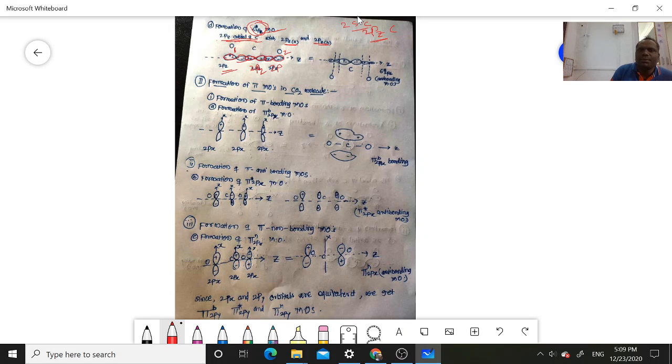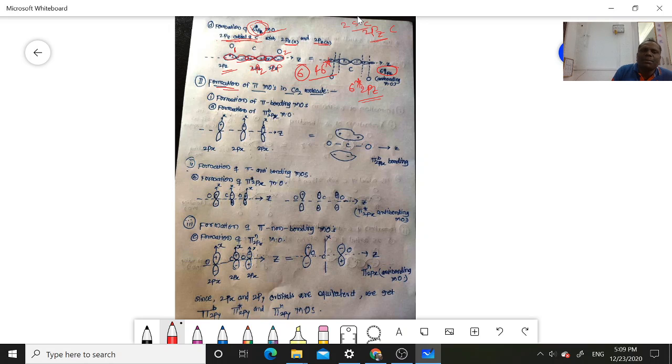Therefore, this forms the antibonding sigma star 2pz molecular orbital, that is an antibonding molecular orbital, right? Now these are the sigma bonding and antibonding molecular orbitals we have discussed till now, right?